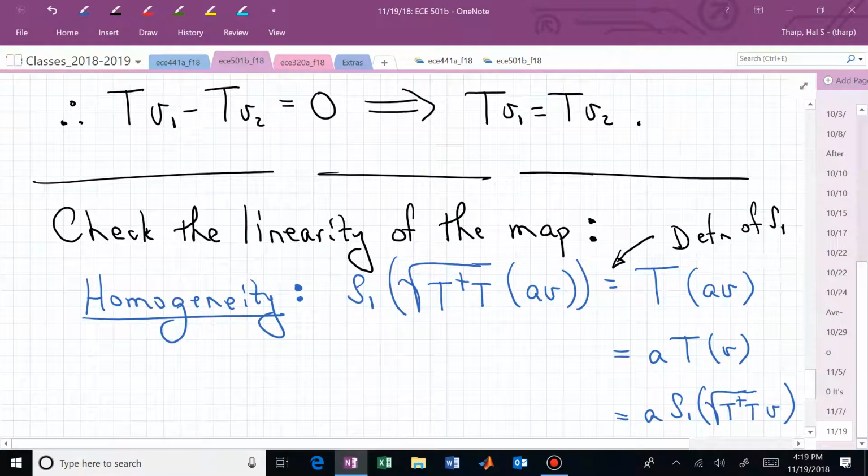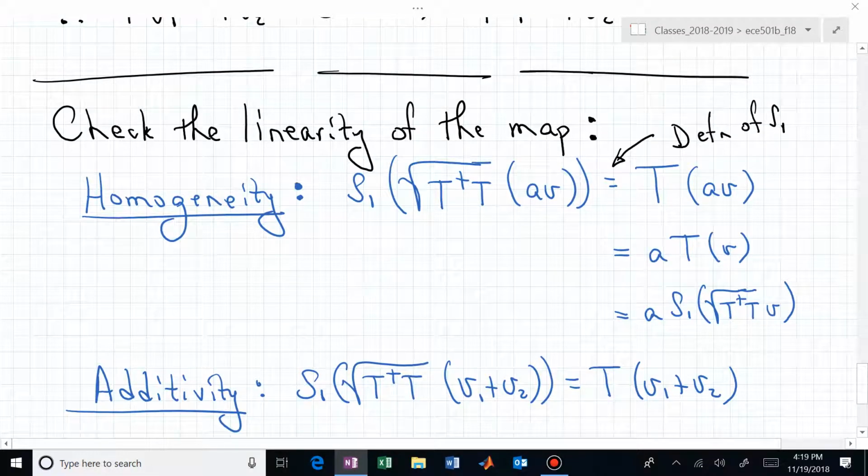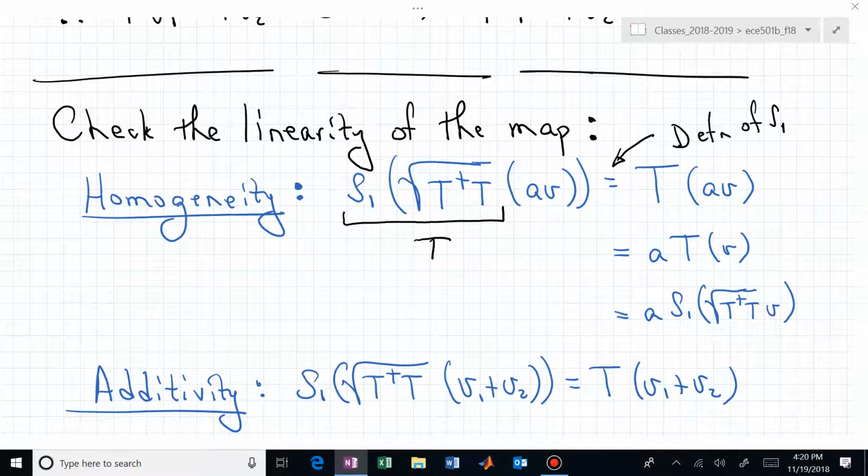Let's now check the linearity of this polar decomposition. To check linearity, we have two things: homogeneity and additivity. Homogeneity: by definition of how we defined S1, we have S1 applied to the positive operator applied to av, which is equal to T av.